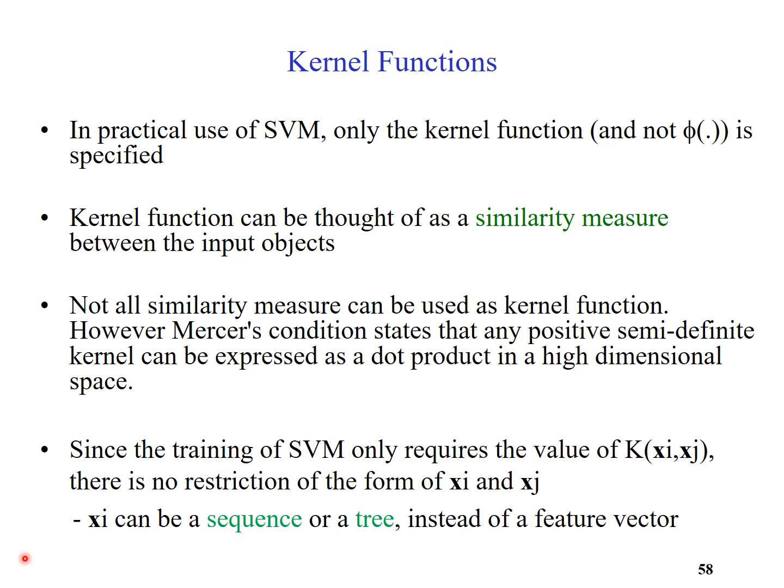In that case, if you can come up with a kernel function for that particular data type you work on, then you are able to apply SVM to that data type.